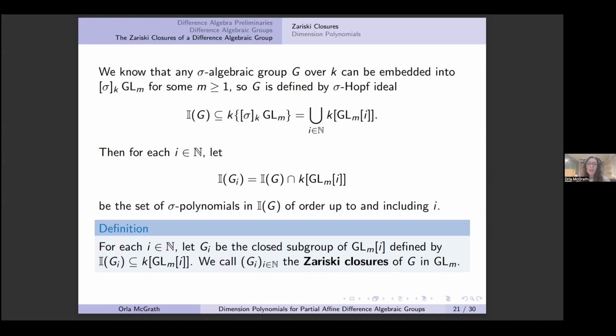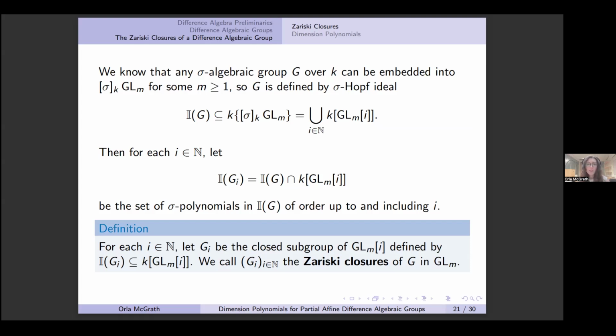So yeah, because the defining ideal for G is a difference Hopf ideal, each defining ideal for GI is a Hopf ideal of that corresponding GLMI. So it defines a closed subgroup. So now we previously had this building up for GLM, and now we've shown that we can use that to have this almost building up for any difference algebraic group using the embedding that we can get. And we call this sequence of closed subgroups the Zariski closures of G in GLM.